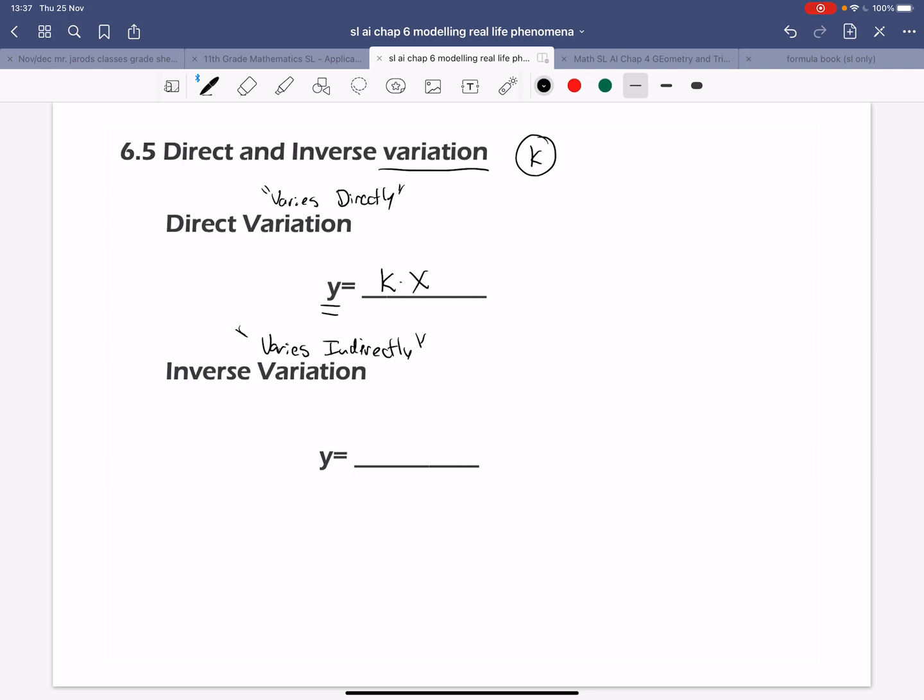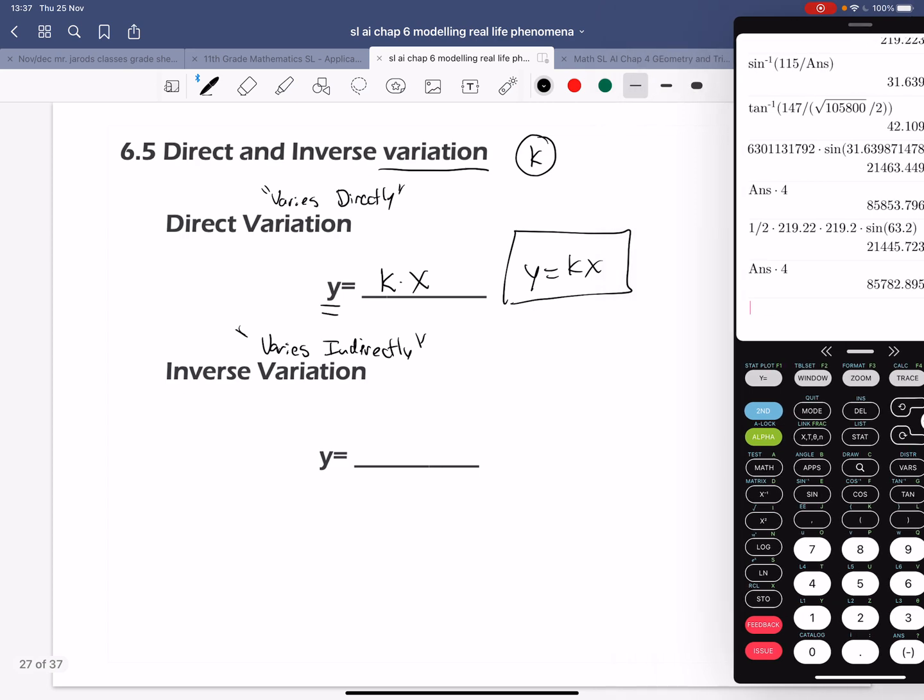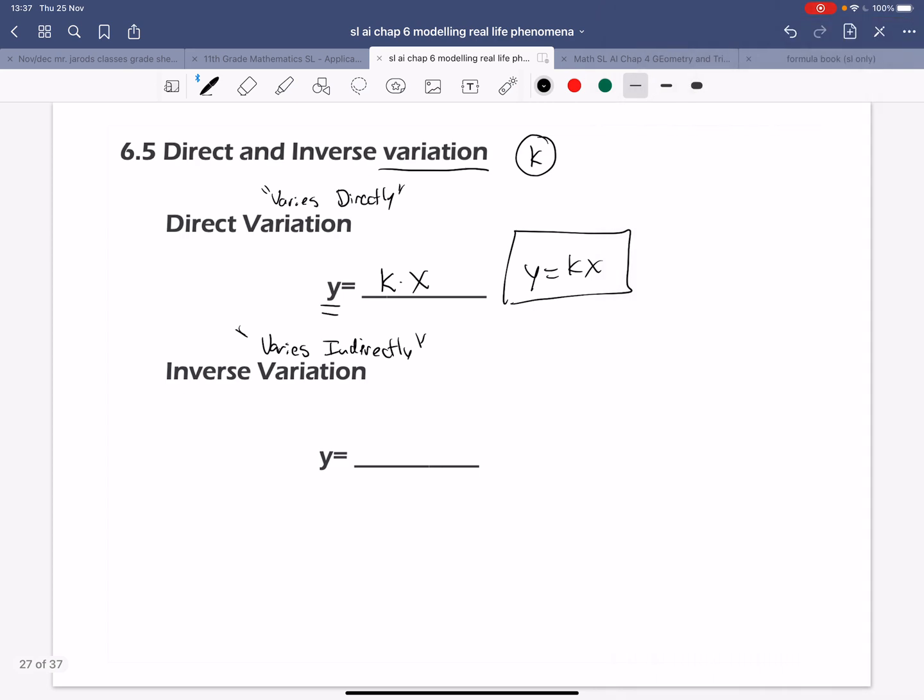So this is varies directly, y equals kx, which you've seen already, it's like linear equations, parabolas can do that, anything like that. Okay, and then inverse variation is the exact same thing, except it's division, so k divided by x. So direct variation is multiplication, and inverse variation is division.